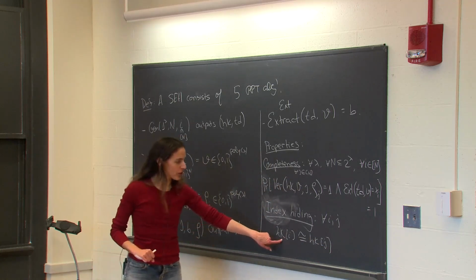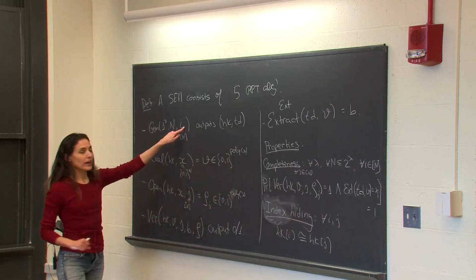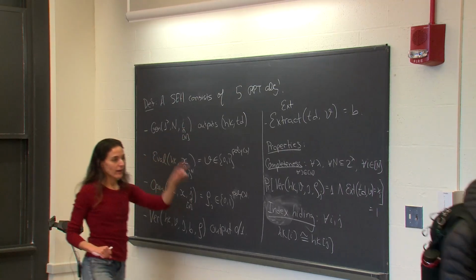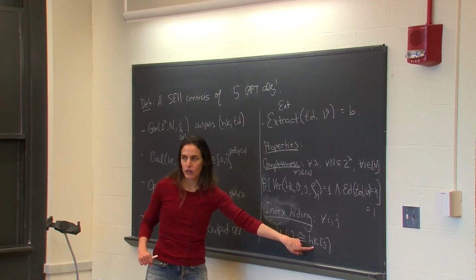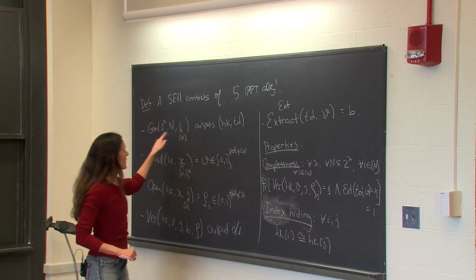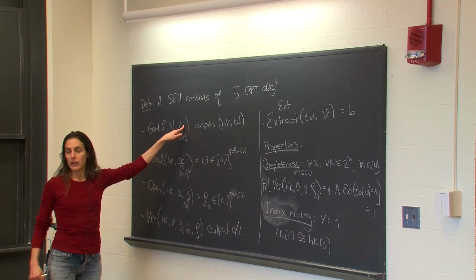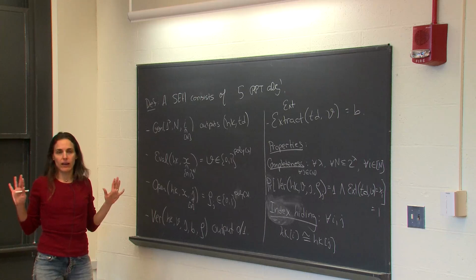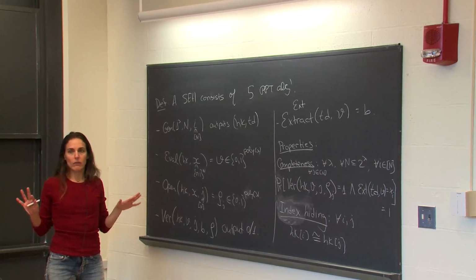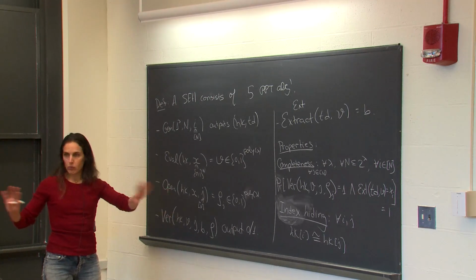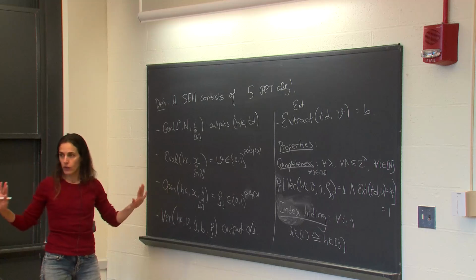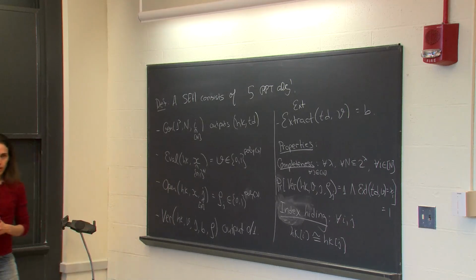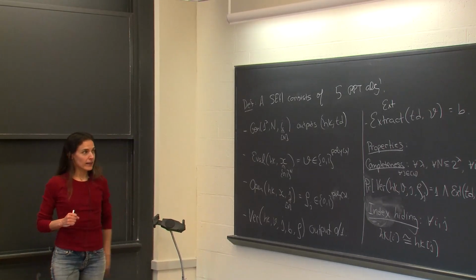Okay, this is just a notation to say hash key generated where here I have i, and this is just a notation saying this is hash key generated by giving j to Gen. Okay, so the hash key hides the index. For any i and j, the hash key generated with i and the hash key generated with j look the same. Okay, so that's the index hiding.